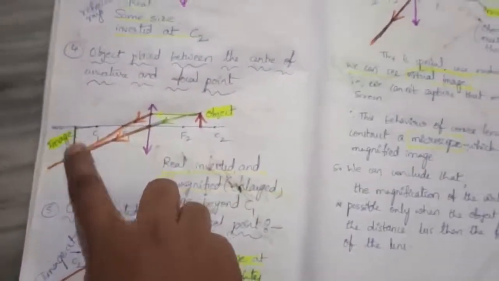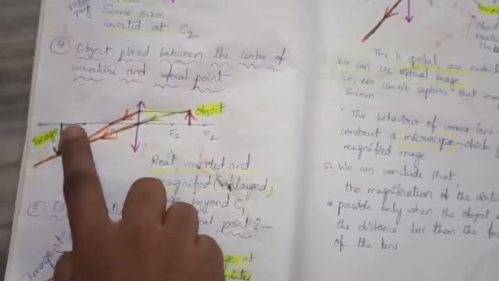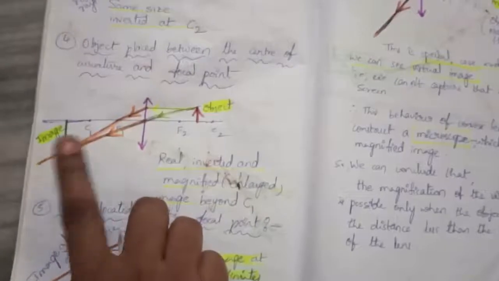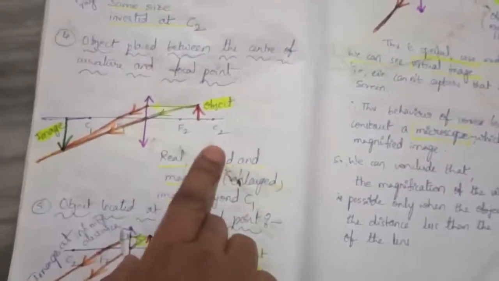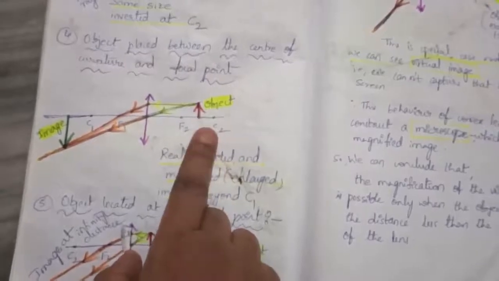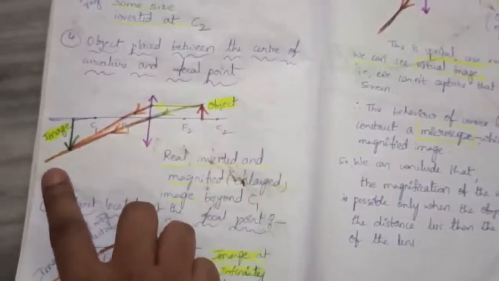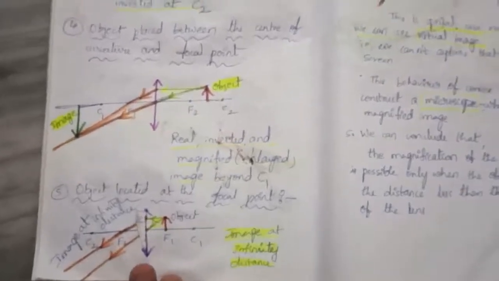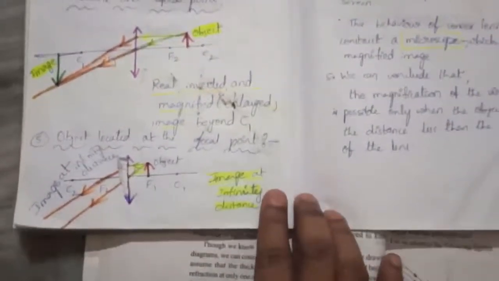There we got a real, enlarged, inverted image behind C2. So this is about the object placed between the center of curvature and focus.